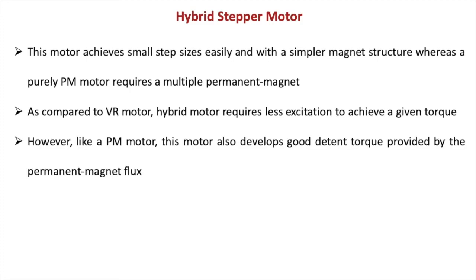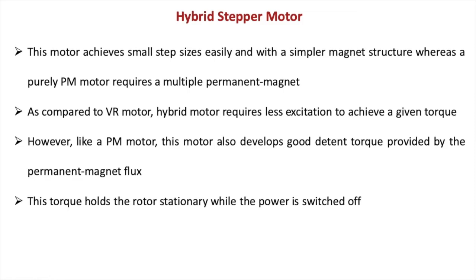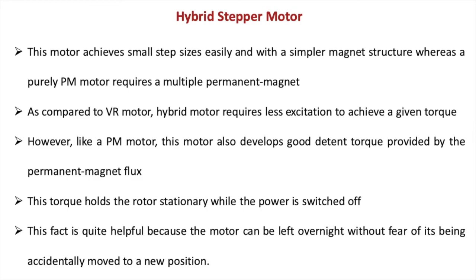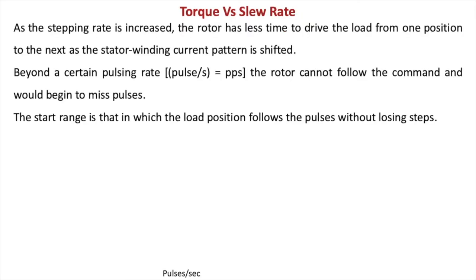So, like a permanent magnet motor, this motor will develop a good, decent torque provided by the permanent magnet flux. This torque holds the rotor stationary while the power is switched off. This fact is quite helpful because the motor can be left overnight without fear of its being accidentally moved to a new position.